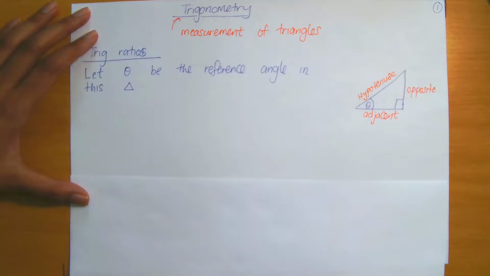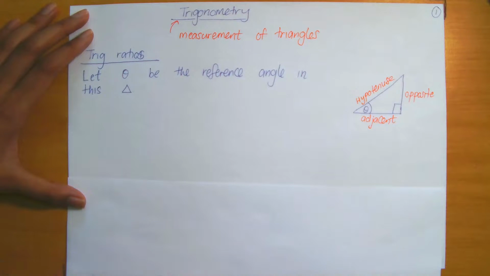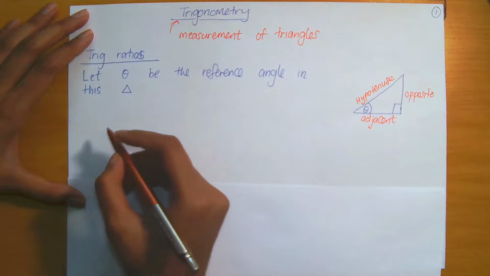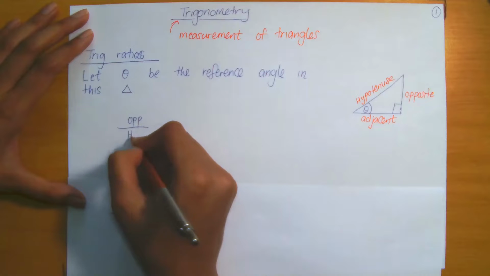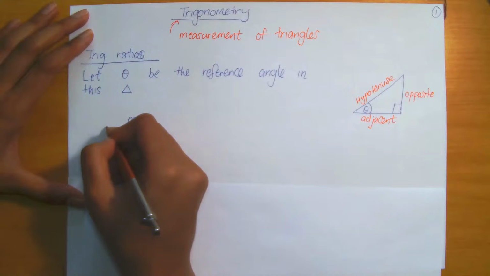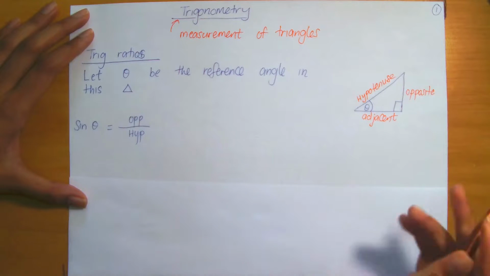That's important to note. Once we have these definitions in place, we can talk about ratios. It turns out that the ratio opposite over hypotenuse is equal to sine theta.